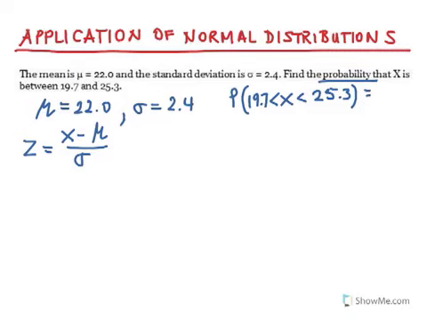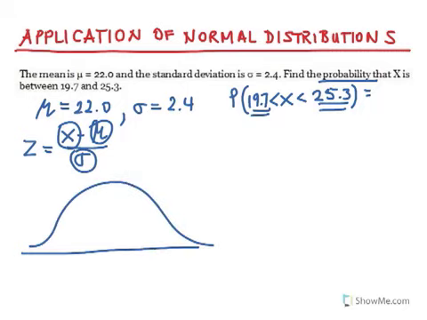So in this case, we do have the mu, we do have standard deviation, we have the x. X is 19.7 and 25.3. So we have to find now two z-scores, the z-score for x 19.7 and the z-score for x 25.3. And once we have these two z's, we're going to find the area that these two z's border.